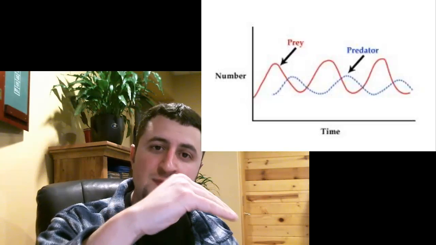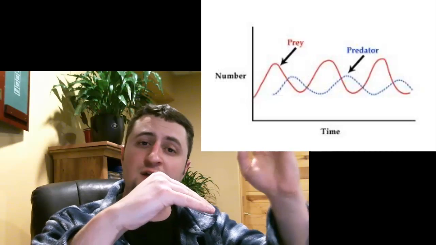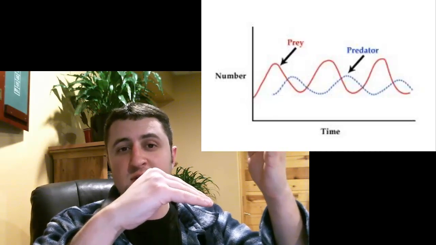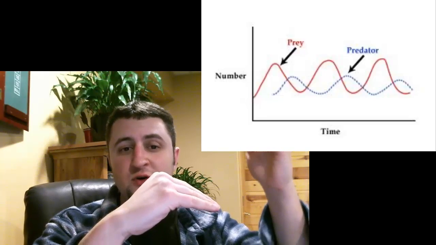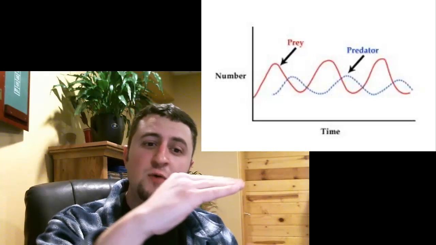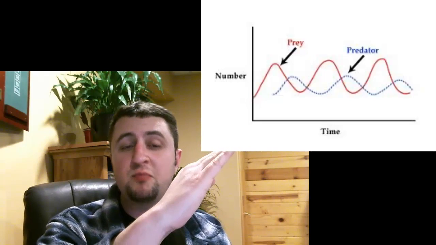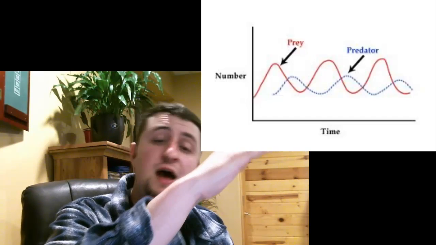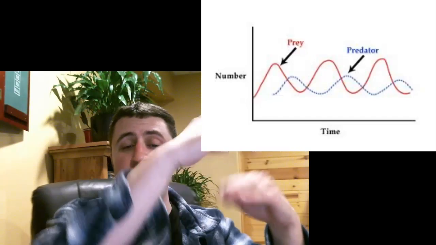When the population of rabbits declines a little bit, now the wolves are starving. And so the wolves are going to die off somewhat. They're not going to completely go extinct, but the wolf population will go down. And then what happens when the wolf population goes down? Well, then the rabbits have less of a predator problem, and they're not going to get eaten as much. So their population is going to go on the rise. And so there's this fluctuating going on.